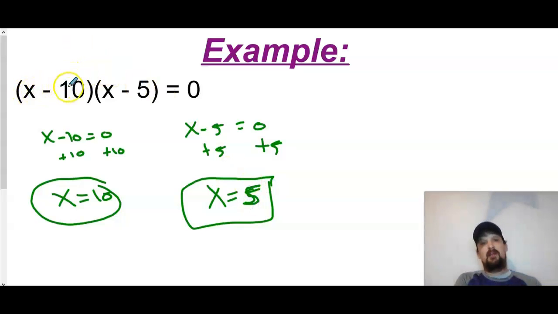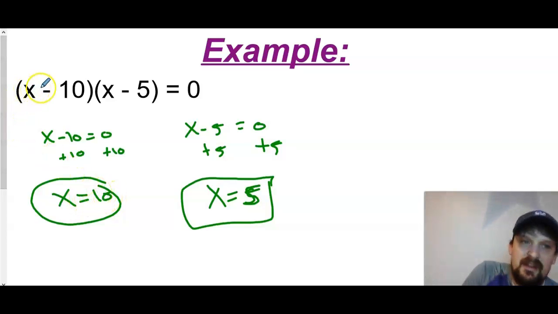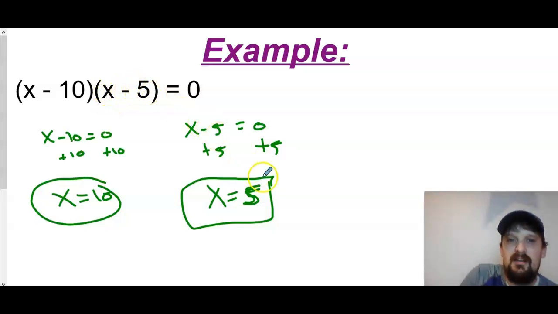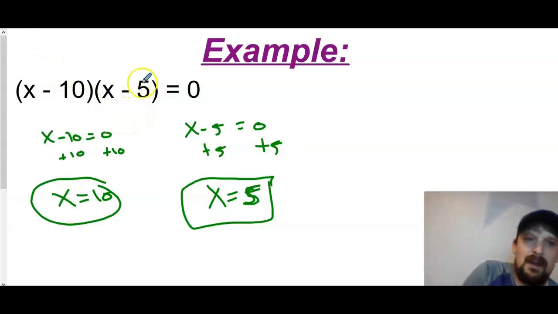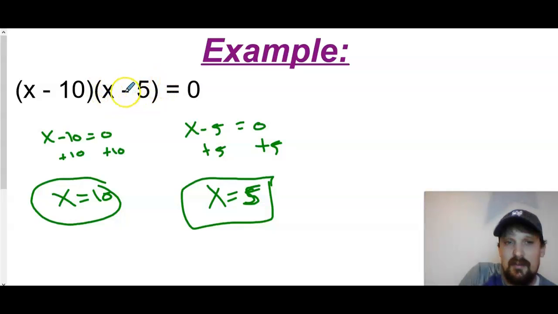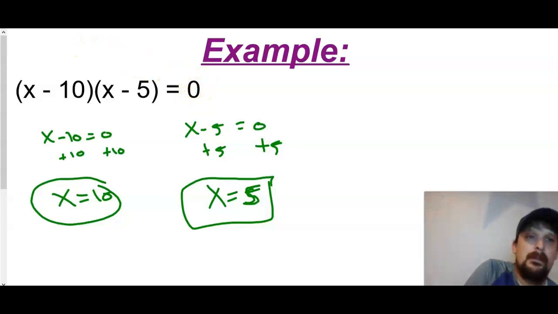See here I had x minus 10 and my answer was x equals positive 10 because 10 minus 10 is 0. x minus 5, well, x is 5 because 5 minus 5 is 0. So I'm trying to find zeros. I'm trying to figure out how I can turn this into a 0. So my overall solution answer would be 0.